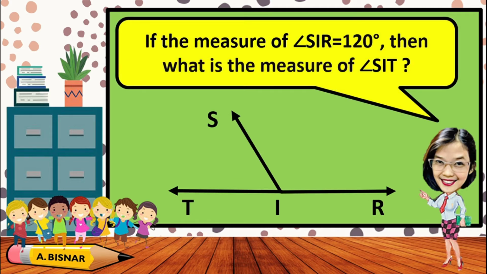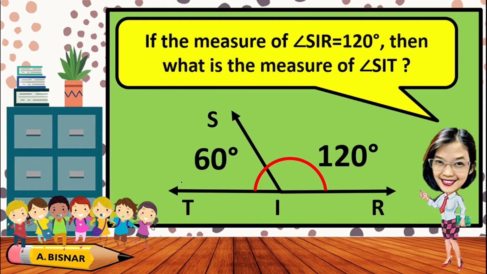If the measure of angle SIR is 120 degrees, then what is the measure of angle SIP? What's on your mind? Okay, that is correct. The measure of angle SIT is 60 degrees. Well, how did you get 60 degrees?